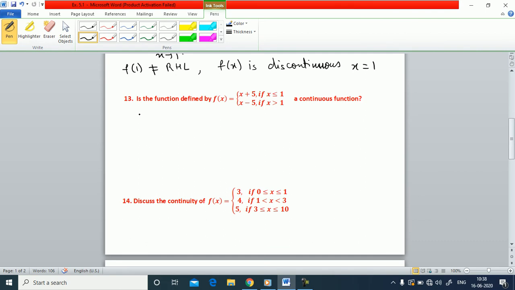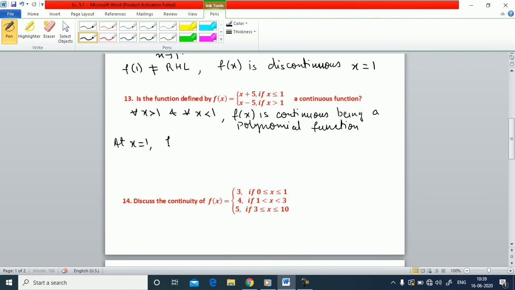For x greater than 1 and for all x less than 1, f(x) is continuous, being a polynomial function. So 1 may be a point of continuity or it may be a point of discontinuity. At 1 we need to check.